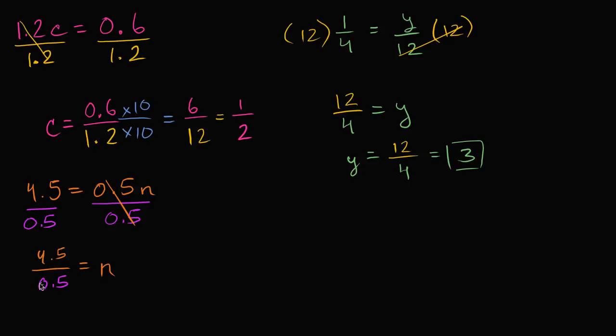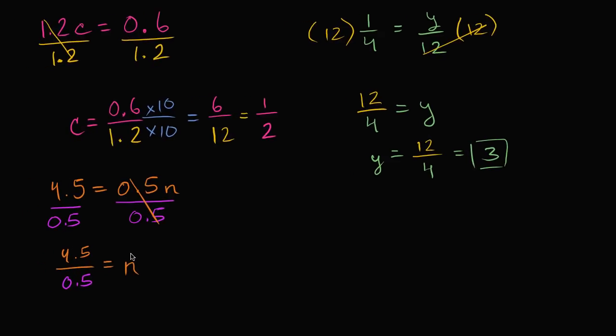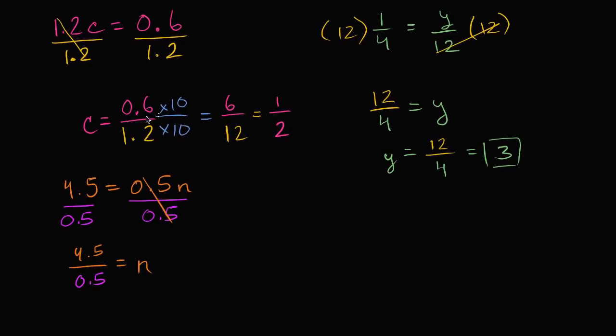So what is n equal to? Well, 4.5 divided by 0.5. There's a couple of ways to view that. You could view this as 45 tenths divided by 5 tenths, which would tell you that's just going to be 9. Or if that seems a little bit confusing or daunting, you could do what we did over here. We could multiply the numerator and denominator by the same number so that we get rid of the decimals. In this case, you multiply by 10, you can move the decimal 1 to the right.